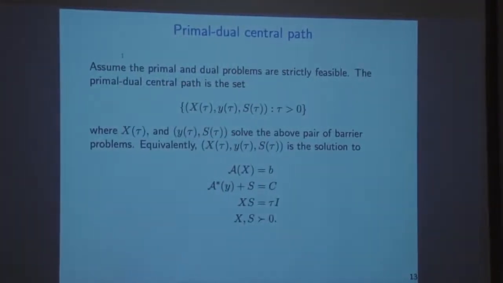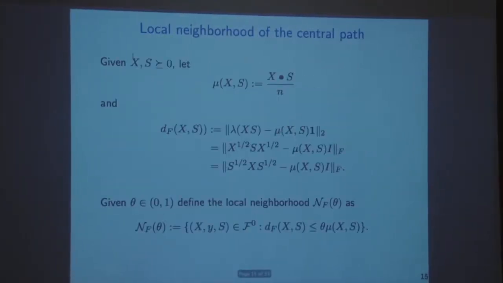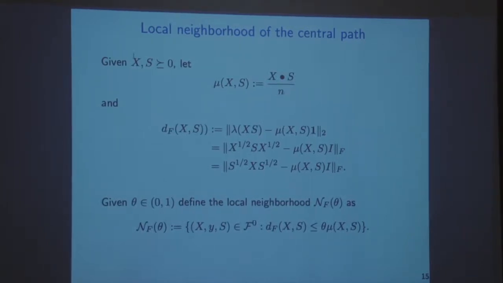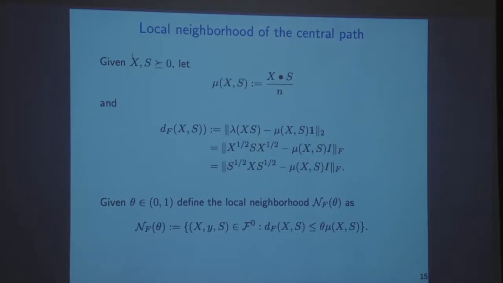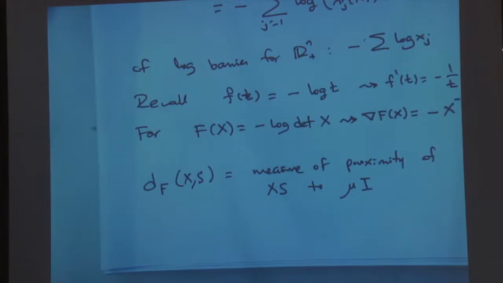So if we leave a little bit of wiggle room there, we get a neighborhood of the central path. So that's what this D defines. We don't require that XS be exactly equal to mu times the identity. Instead, we measure some kind of distance between XS and mu times the identity. So there is a bit more deep mathematics that goes behind this.